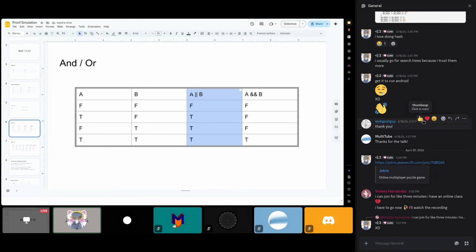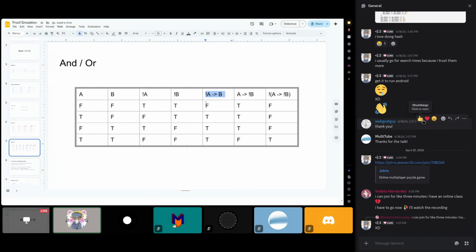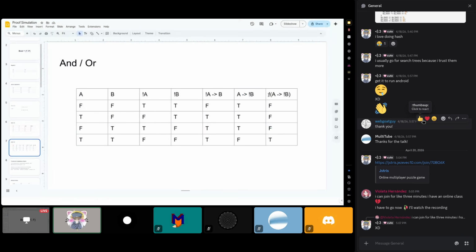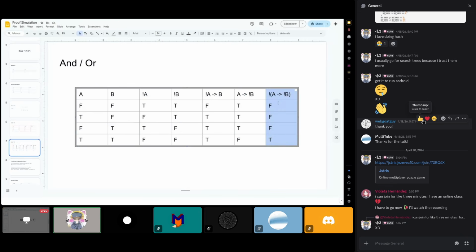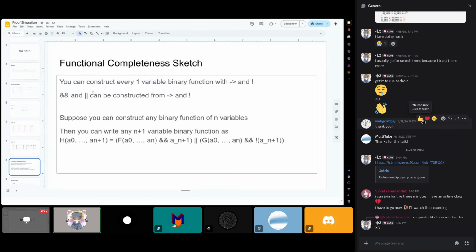So you can define A or B to be this composition of arrow and negation. Similarly, for A and B, you can define it to be this composition of arrow and negation. That's kind of neat. What other functions can we define just in terms of arrow and negation? Well, it turns out it's all of them.